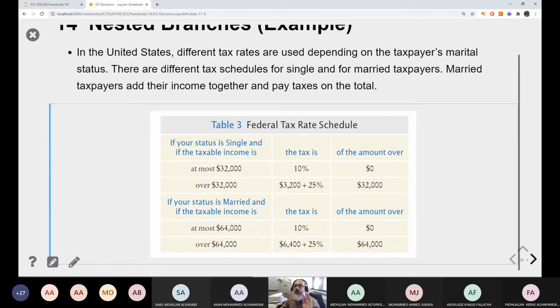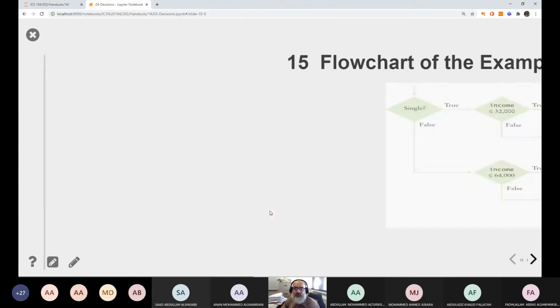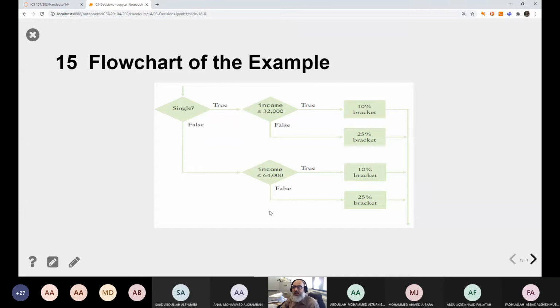So in this case, it's actually best to represent this schedule using a flow chart. Flow charts become simple to read, right?